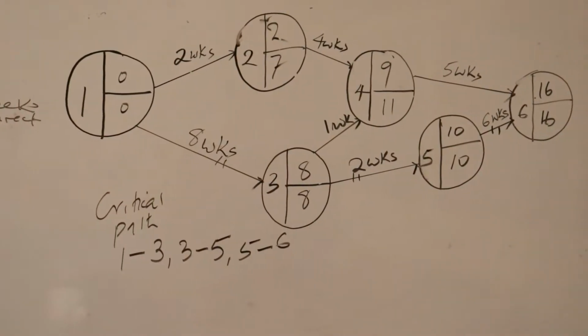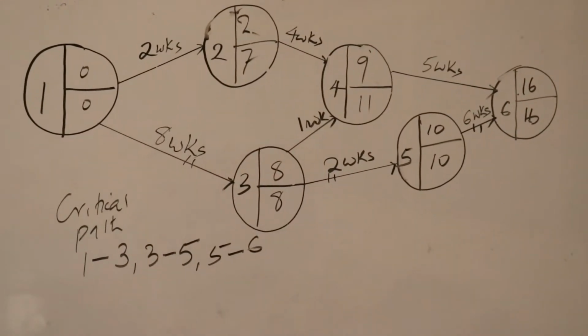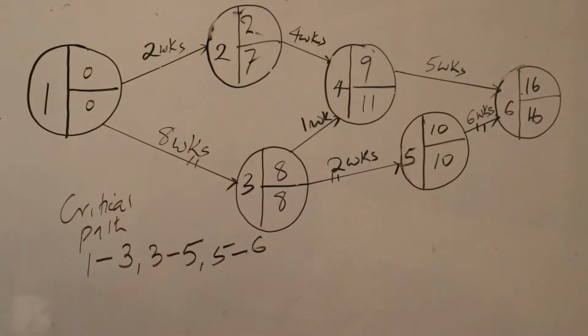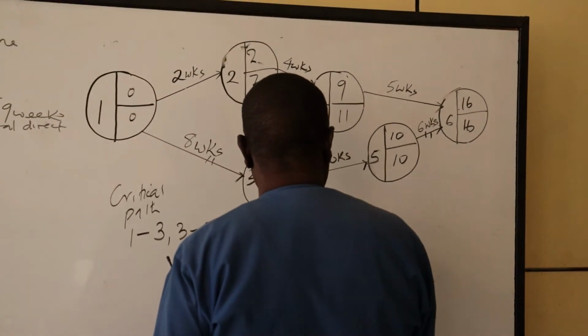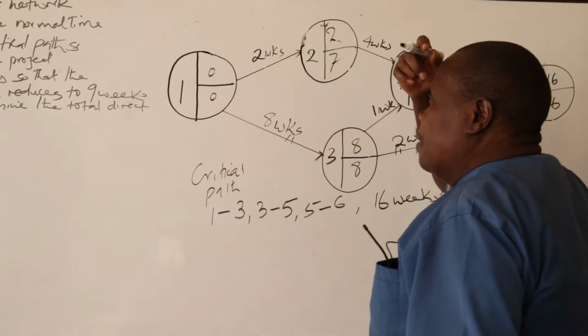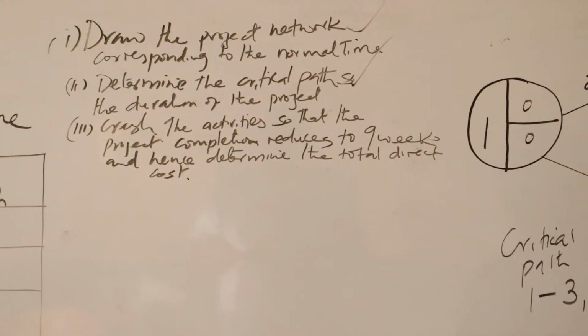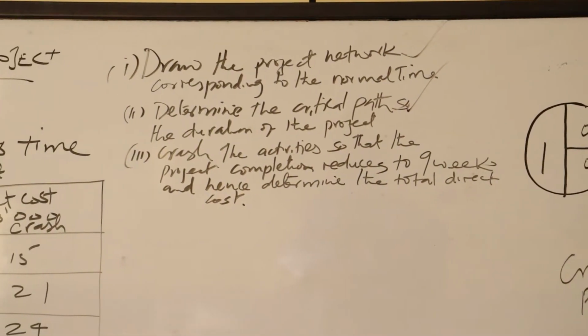That is the critical path of that project. The duration is 16 weeks. That is the project network diagram and the duration.